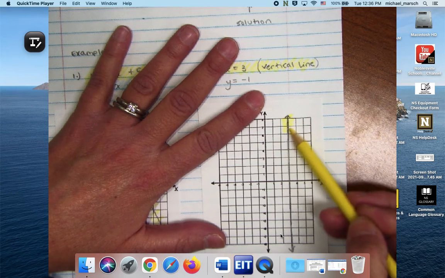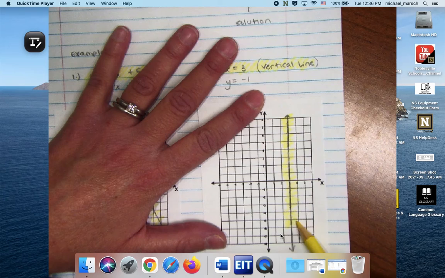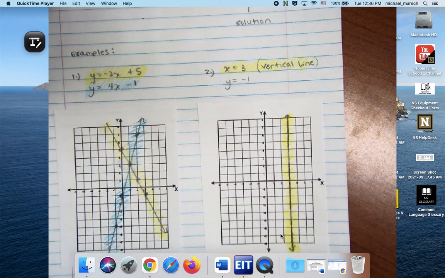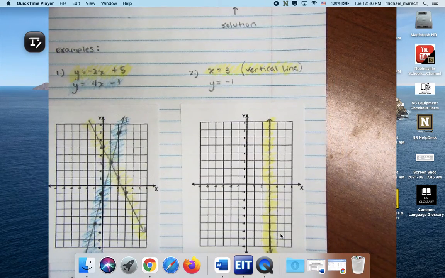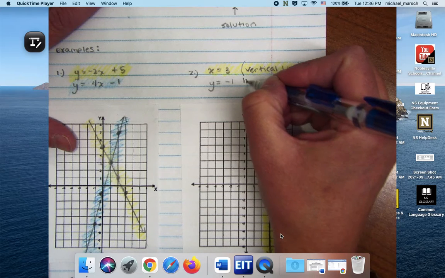So anytime you see something that is just an x value, you know that's going to be a vertical line at that x value. And then if every y value is a certain number, then that's going to be horizontal.